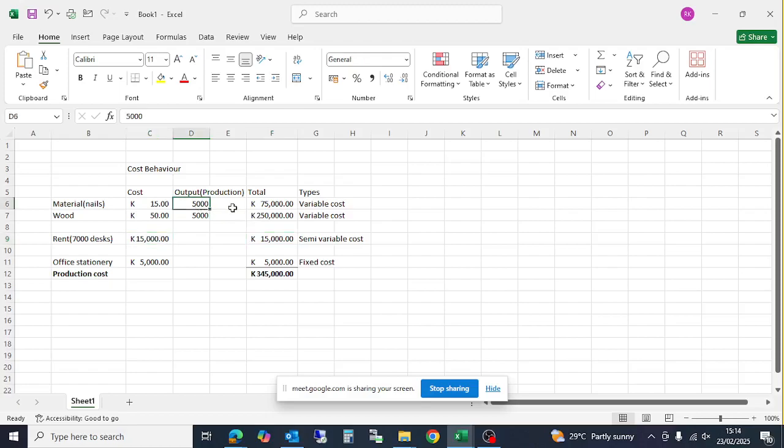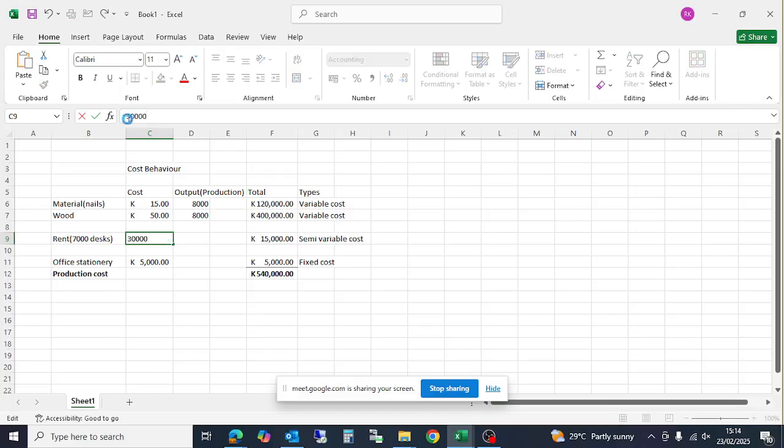If we decided to produce 8,000 units, you've seen how this will go to 120 and this will go to 400. Stationery will remain the same, but the rent is just for 7,000 desks. So it will hit 30,000 because we need to rent another building. You get my point, sir?